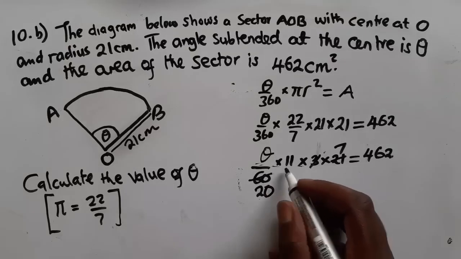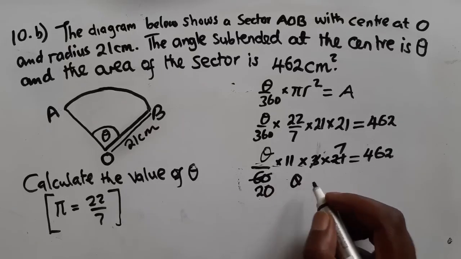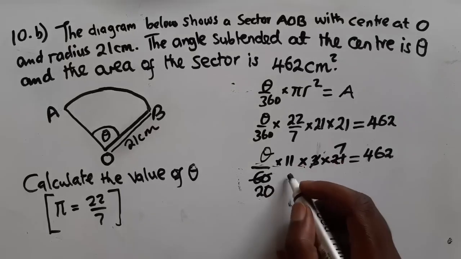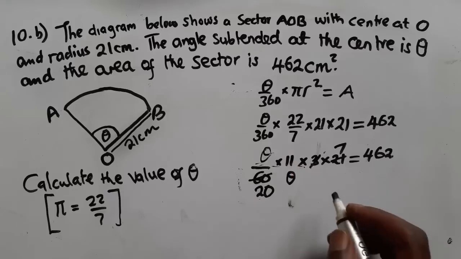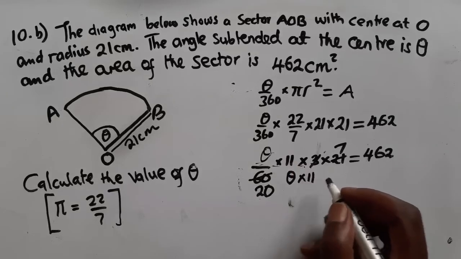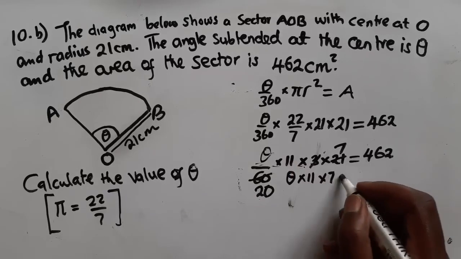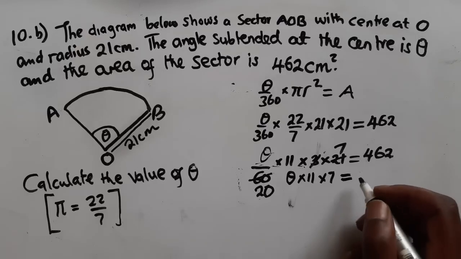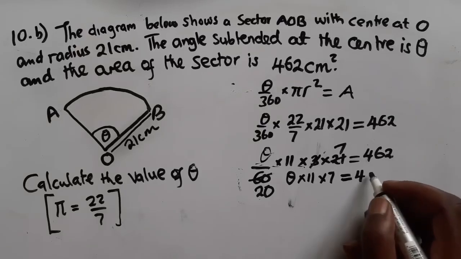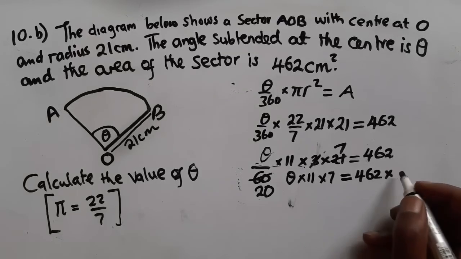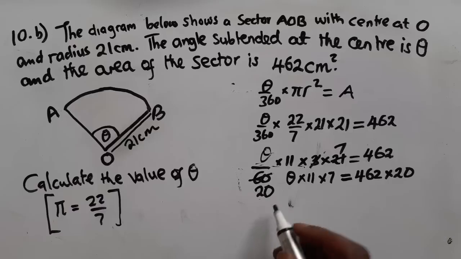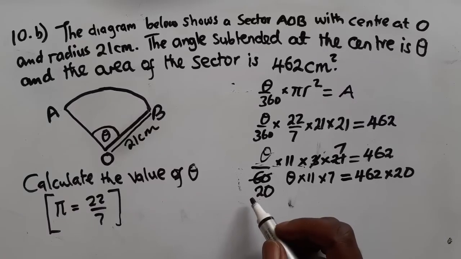So at this point now, this side we are remaining with theta multiplied by 11 multiplied by 7. This will be equal now to 462 multiplied by 20, where I said you cross multiply at that point.